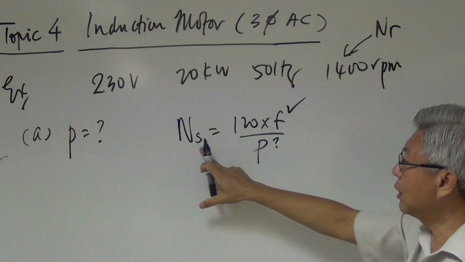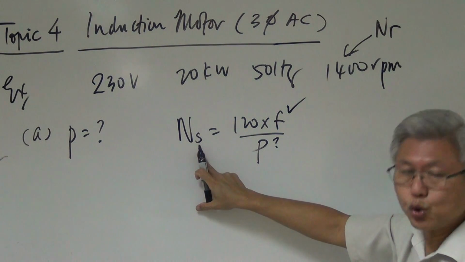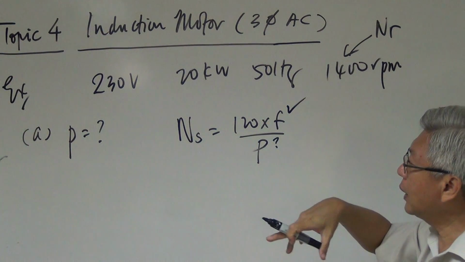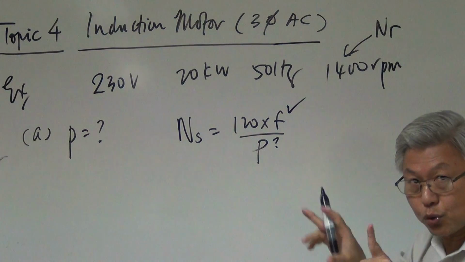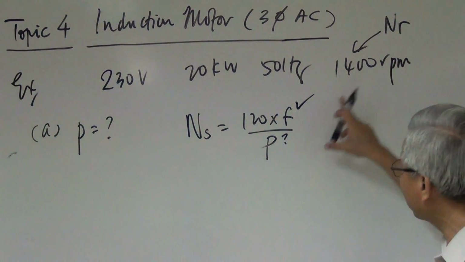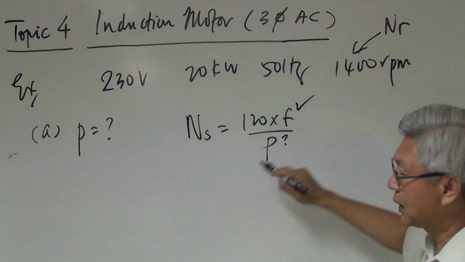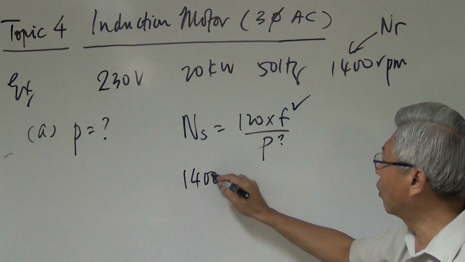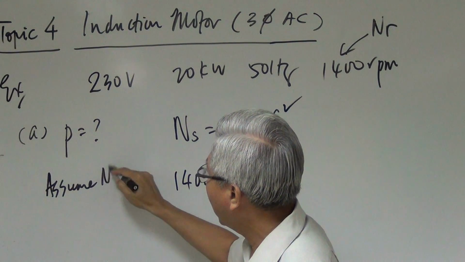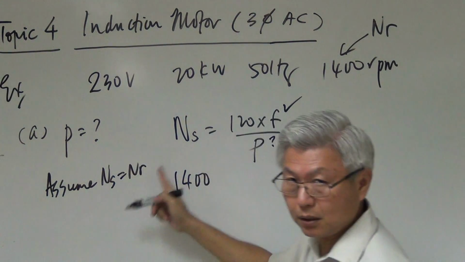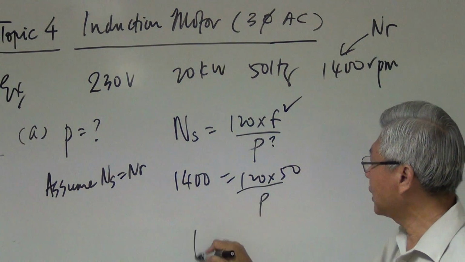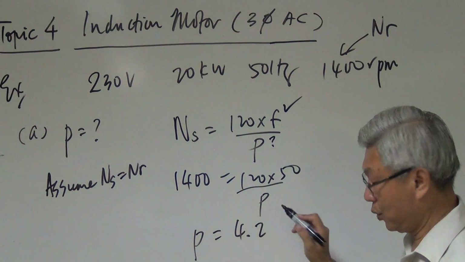In this question we do not have Ns, but we will assume that Ns is equal to Nr first. Do you know why? Because they are very close. So when you need Ns and you do not have it, you always assume your Nr to be equal to Ns first. So 1400 equals 120 multiplied by 50 over P. So for P you get the answer, let's say it's 4.2.